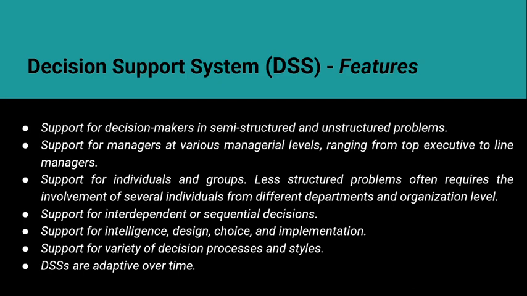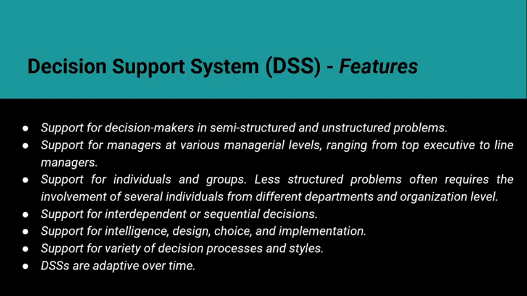It will support those individuals and groups to take the decision. Then it also supports interdependent or sequential decisions. Then support for intelligence, design, choice and implementation as per the requirement.